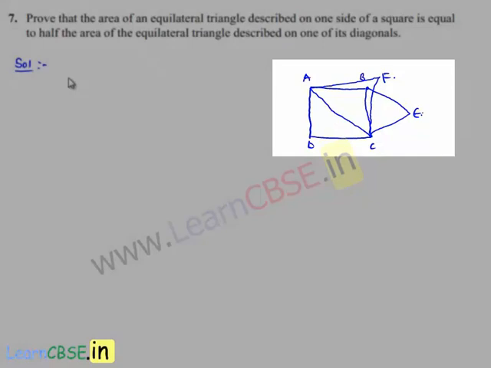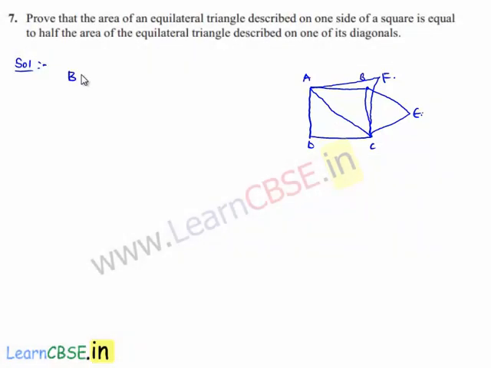Then as BCE is an equilateral triangle, BC will be equal to CE will be equal to EB, and as ACF is an equilateral triangle, AC will be equal to AF will be equal to CF.